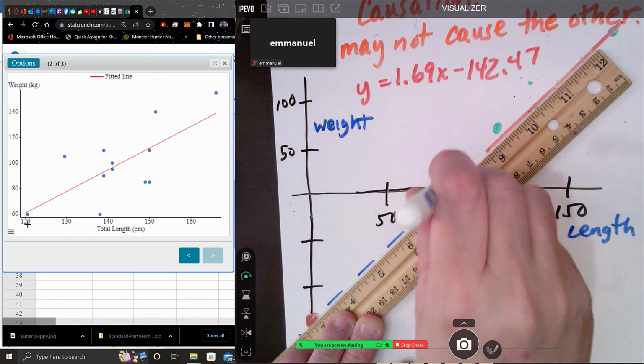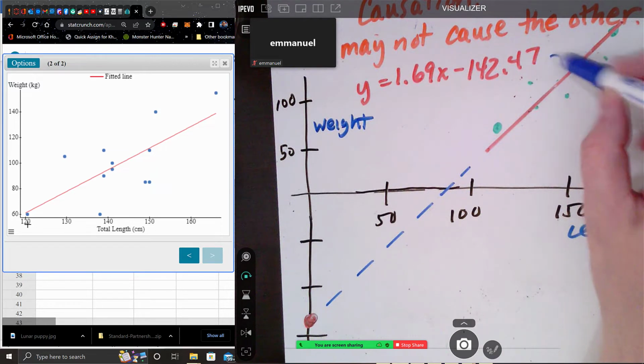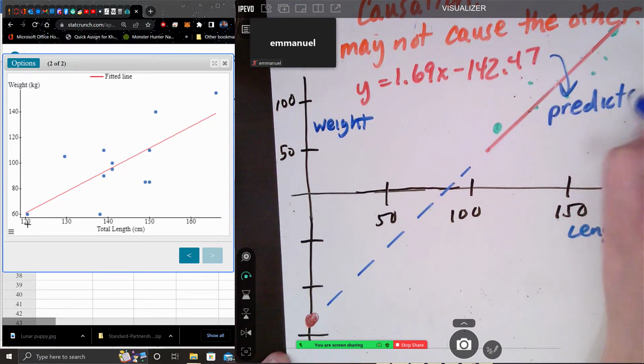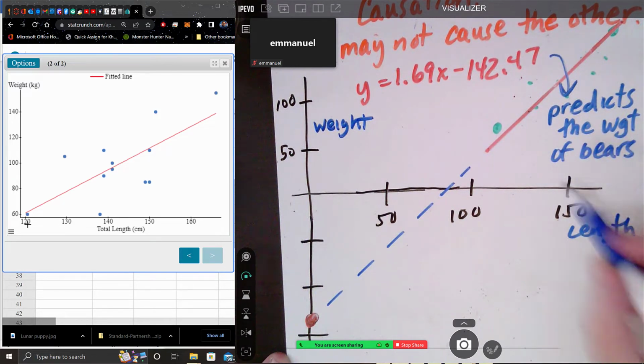It's like this. So this formula, this equation, predicts the weight of bears based on length.